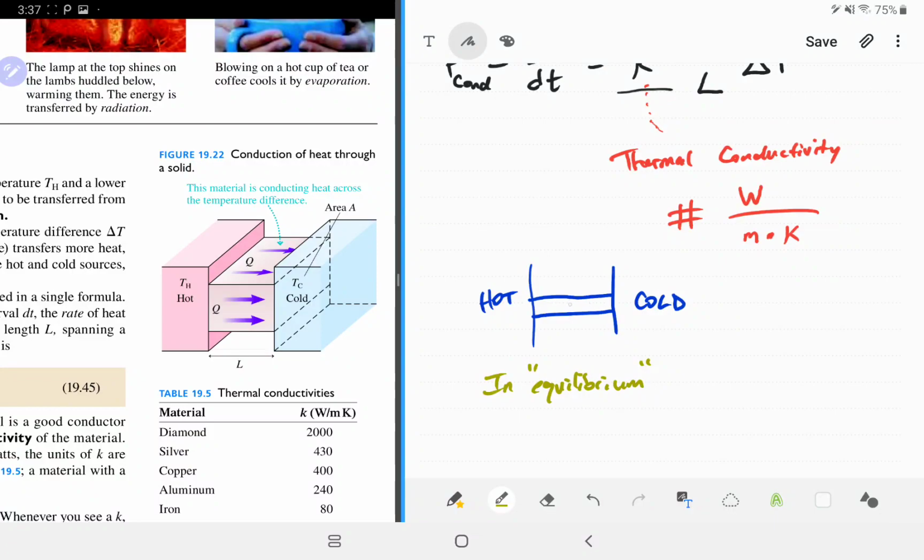So what winds up happening is that you get an equilibrium in here, and you get a constant flow rate. So the power that's flowing through here is equal to the power that's flowing through here. So in equilibrium, if I look at a total cross-section of this rod, P conduction is constant.